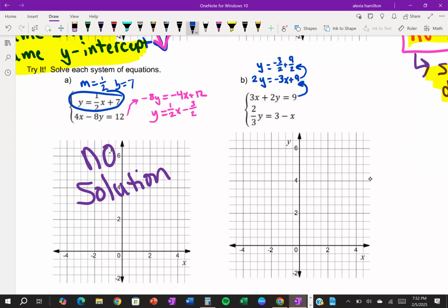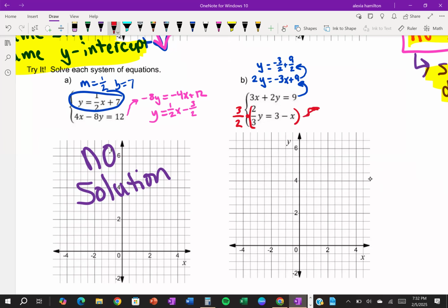Because I remember how to deal with fractions, if I want to get rid of them, I'm going to multiply everything by the reciprocal. And that would give me the equation.